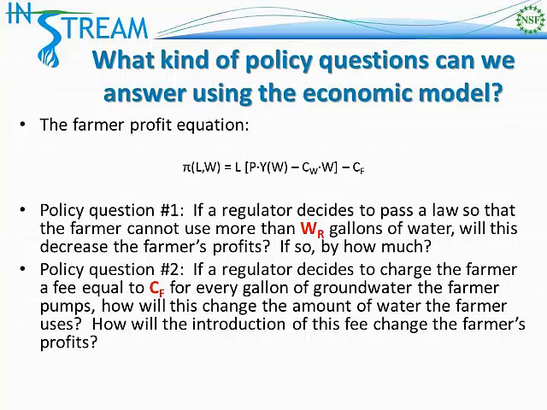How much is a water use limit of W sub R going to hurt the farmer in terms of profits? We can again use this model to help us quantify that.